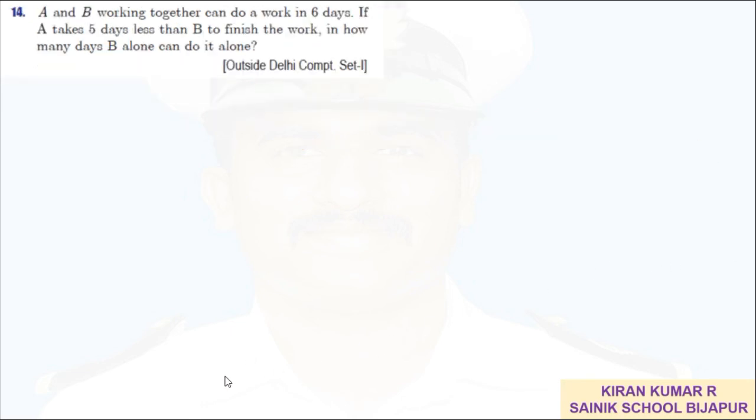We had solved a question similar to this. A and B together can finish the work in 6 days. If A takes 5 days less than B to finish the work, in how many days would B alone require? Let me give you the answer. 15 days.